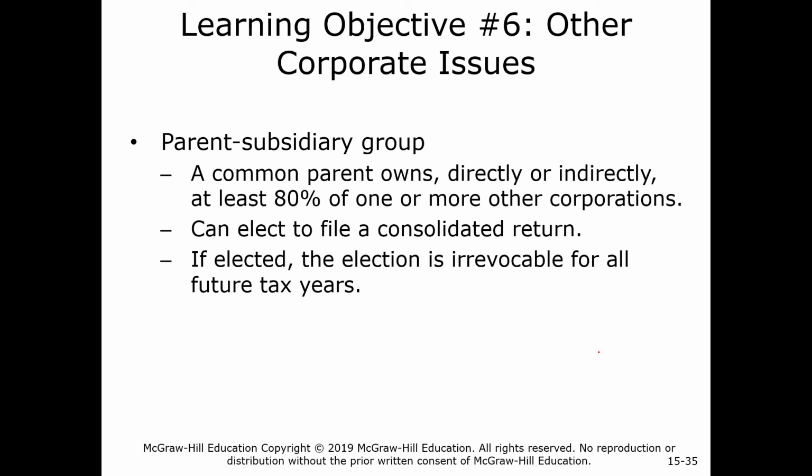The advantage of consolidation is that we may have a company that has losses that can be offset against another company that has taxable income. So the result is that we combine those two and pay less taxes. That's the advantage of a consolidated return. And once the election is made, it's irrevocable.